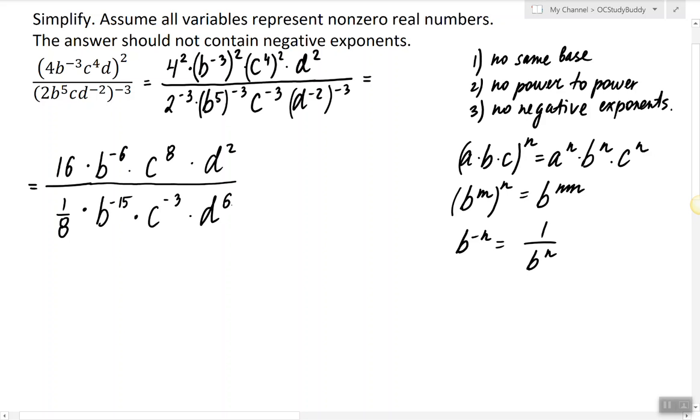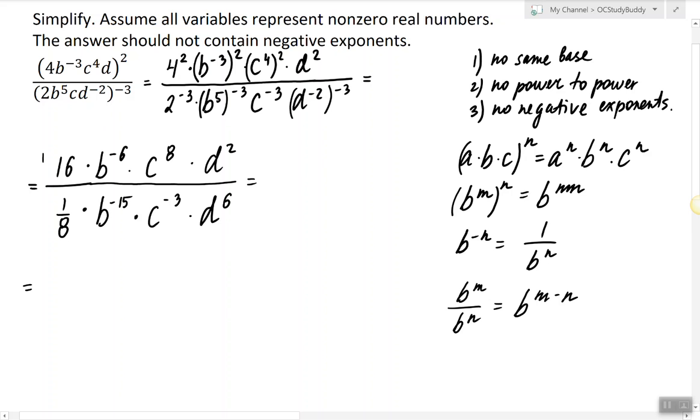And to simplify this further, we're going to use the following property. When we have a quotient of two exponential expressions with the same base, it's the same as subtracting the exponent from the denominator from the exponent from the numerator. And it means we have the following expression.